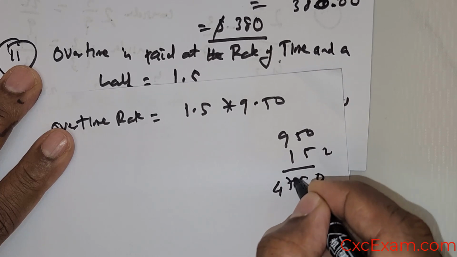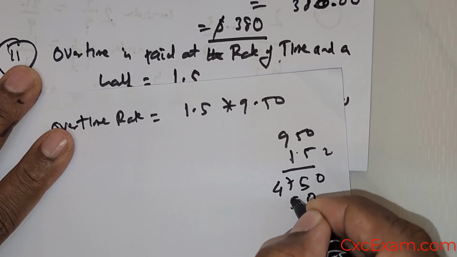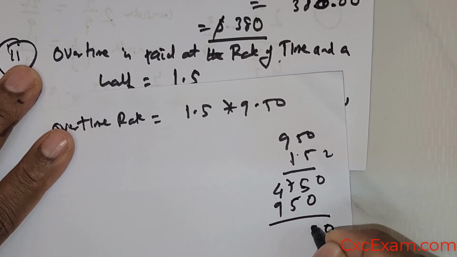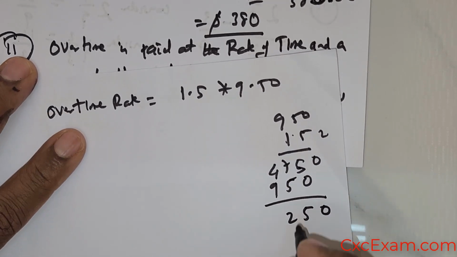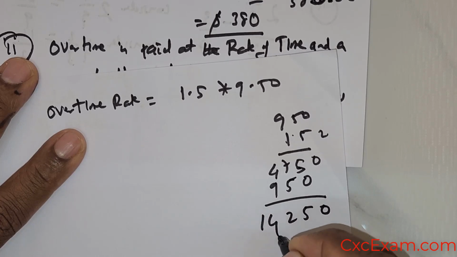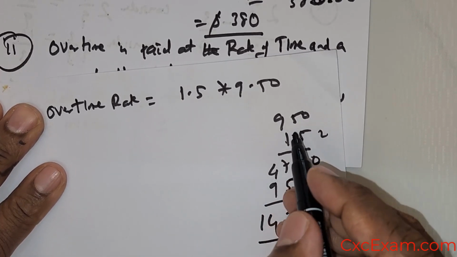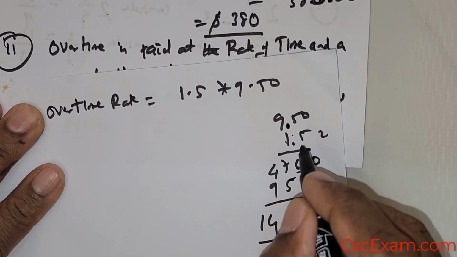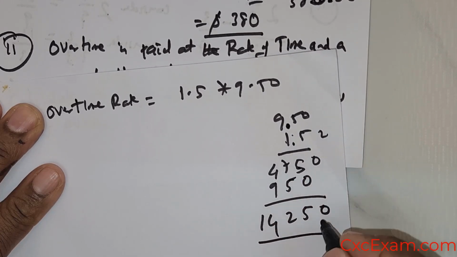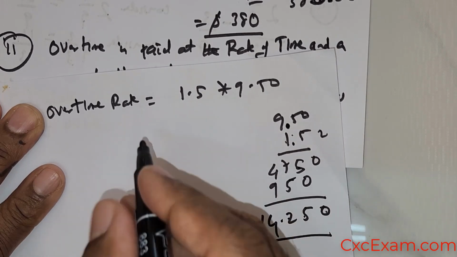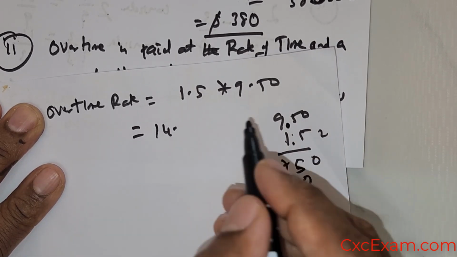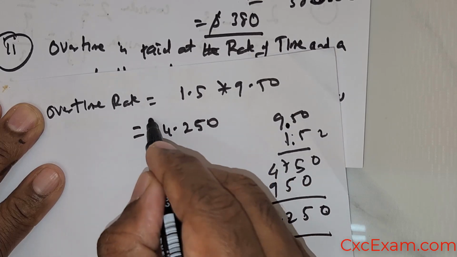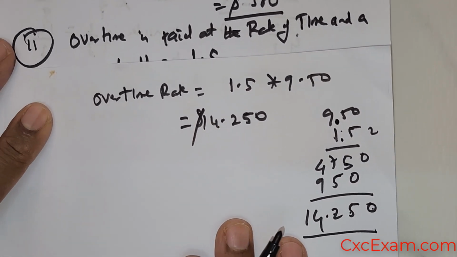After the decimal point you have 2 digits, and after the decimal point you have a digit, so 1, 2, 3. So the overtime rate is $14.250. This is the overtime rate.